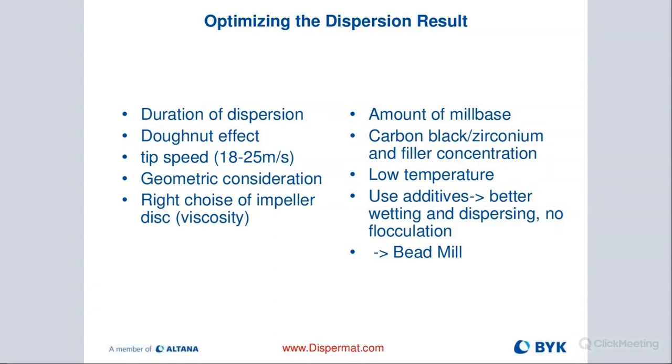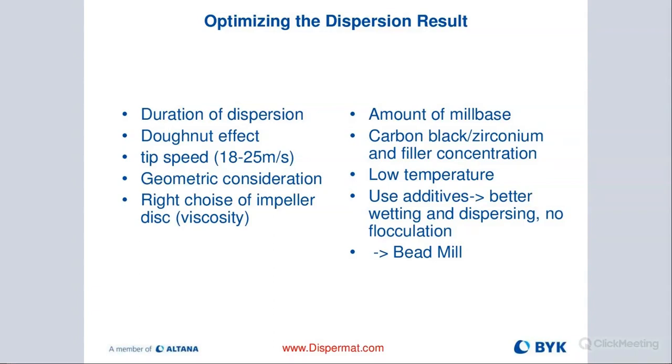Let's say you have a 70 C limit, then you could program the unit to give you a warning at 60 C and another warning at 65, and then either reduce the energy input once it reaches 70, or turn off the machine automatically, or just reduce the tip speed. That's also an option. And then again, the additives play a role to keep these particles in a suspended state, and you don't have any flocculation once you complete your batch.